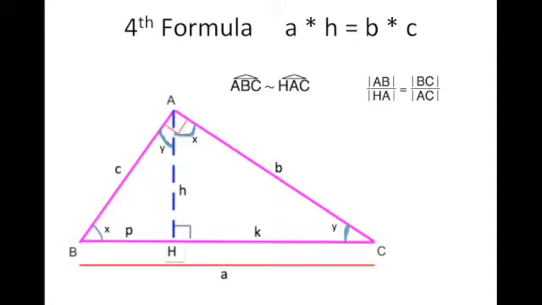And if we represent it using the letters we have assigned before, we conclude with C divided by H is equal to A divided by B. Then, once again, if we do the cross multiplication for the equation, we end up with the fourth formula of the theorem, which is A times height is equal to B times C.